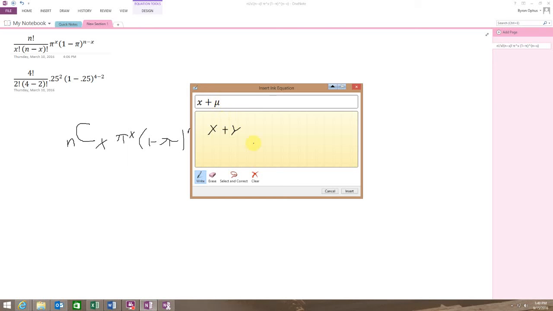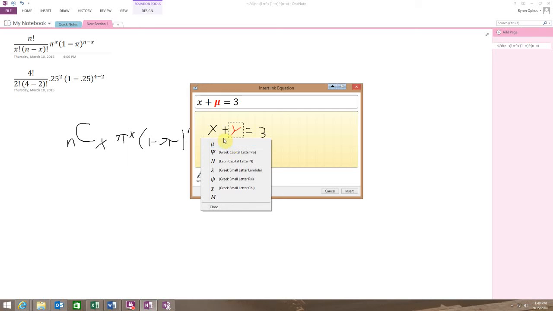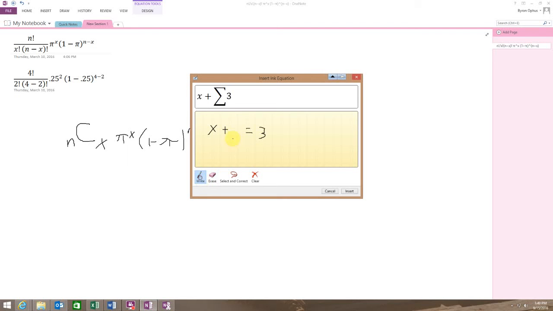It didn't like my y, right? Now I would have to select it and correct it. I want it to be a y. It doesn't like that, so I'm going to erase it and start over.